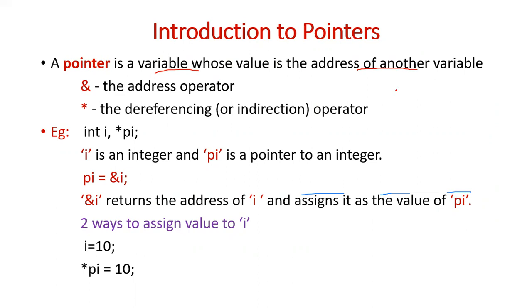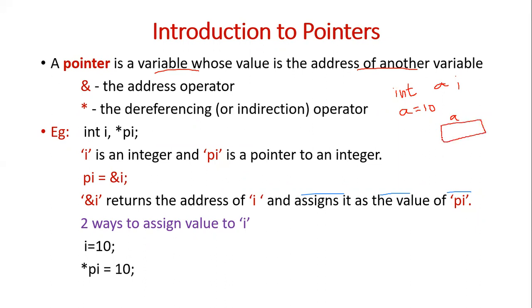Say for example, I am declaring a variable like this: int a. What does it mean? a is a variable of type integer. If I say a is equal to 10, what happens? a is a variable and some memory will be allocated for a.